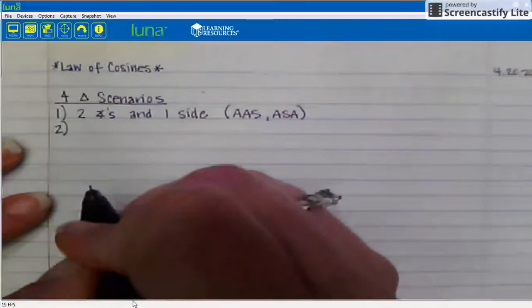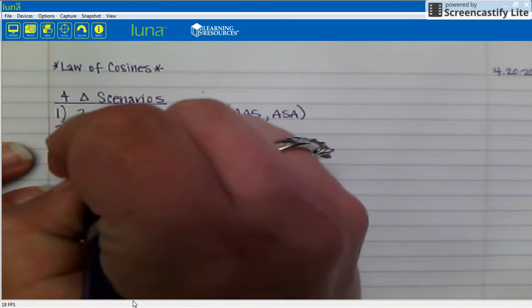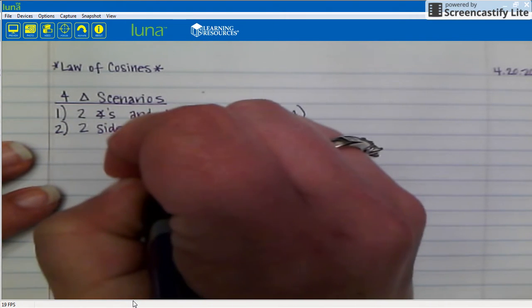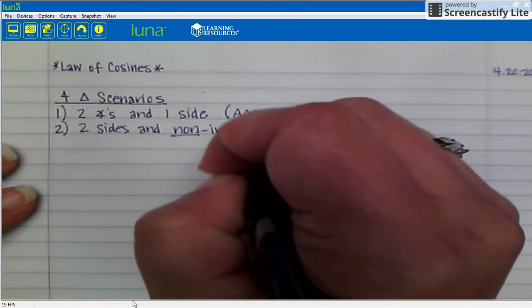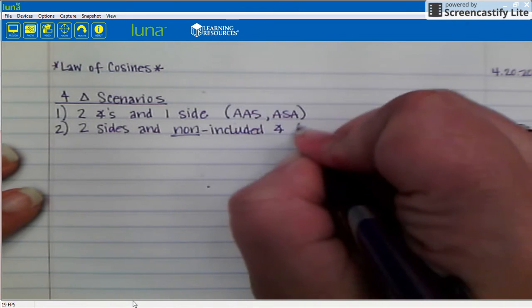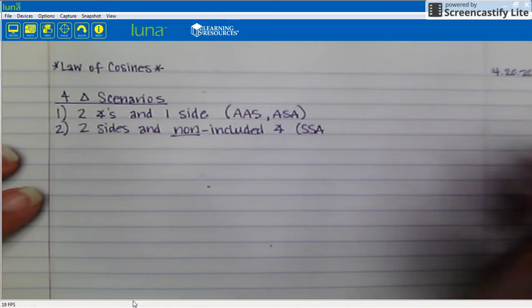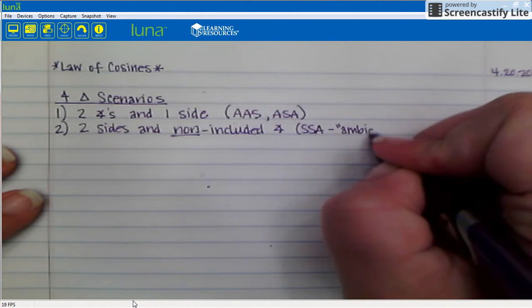Another scenario is when you are given 2 sides and the non-included angle. So this is your side side angle or your ambiguous case.